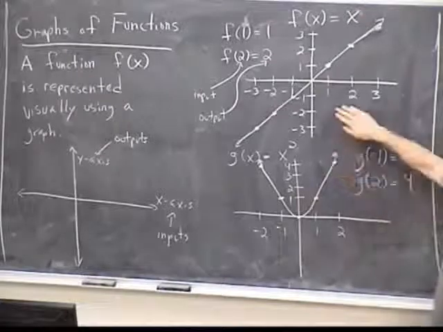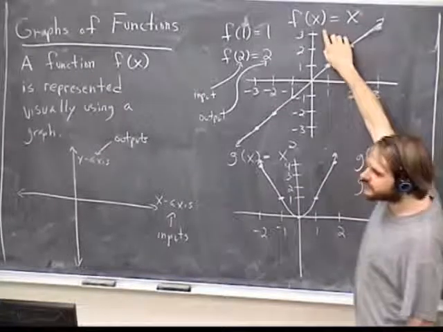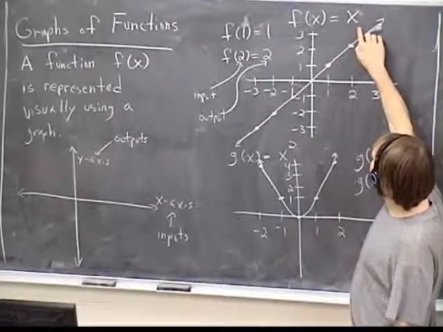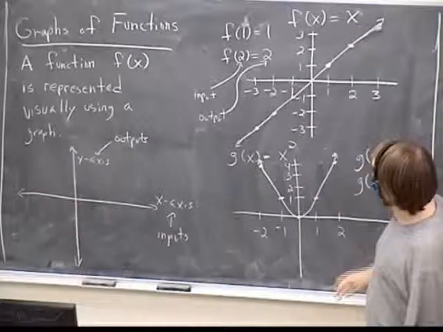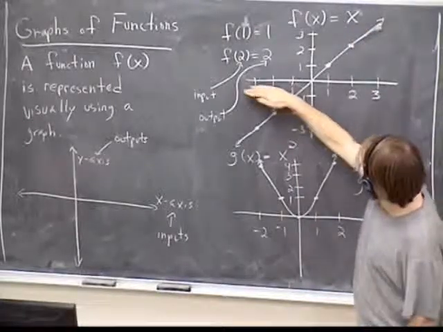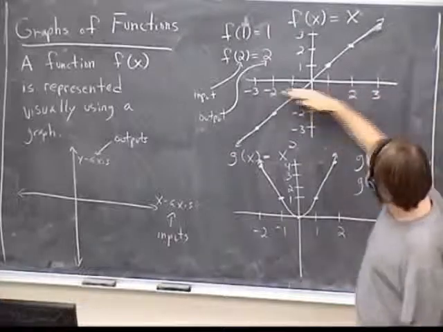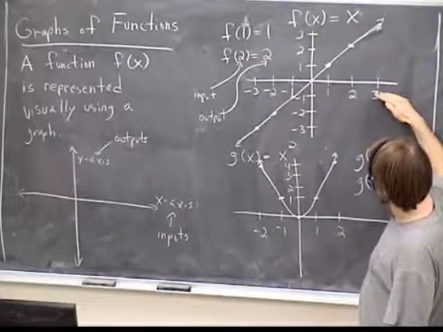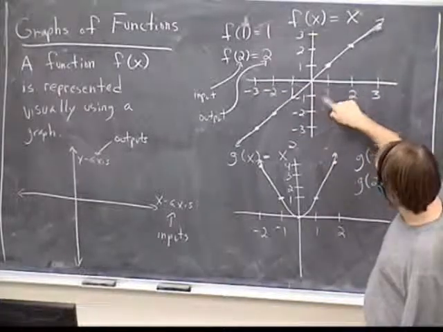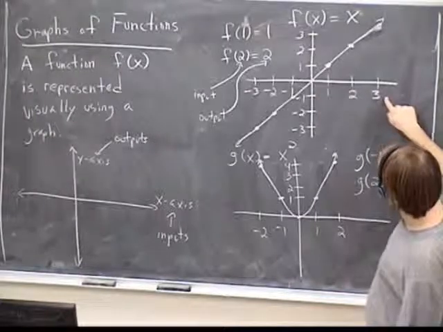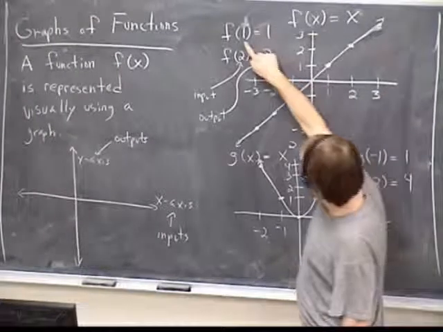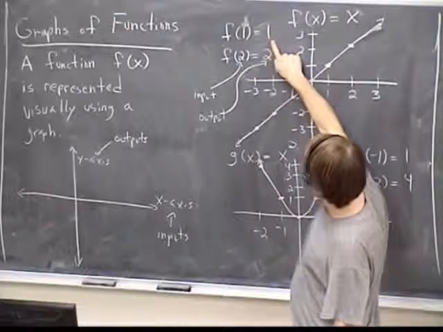So let's move up here to a very simple function, f of x equals x. Okay. Here we have the x-axis, which has our inputs. Here are some examples of inputs: 1, 2, 3. And f of 1 is equal to 1. Right?